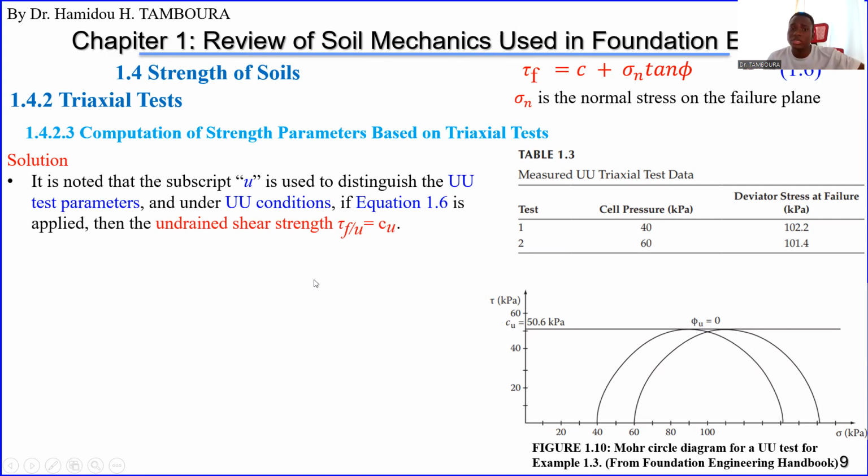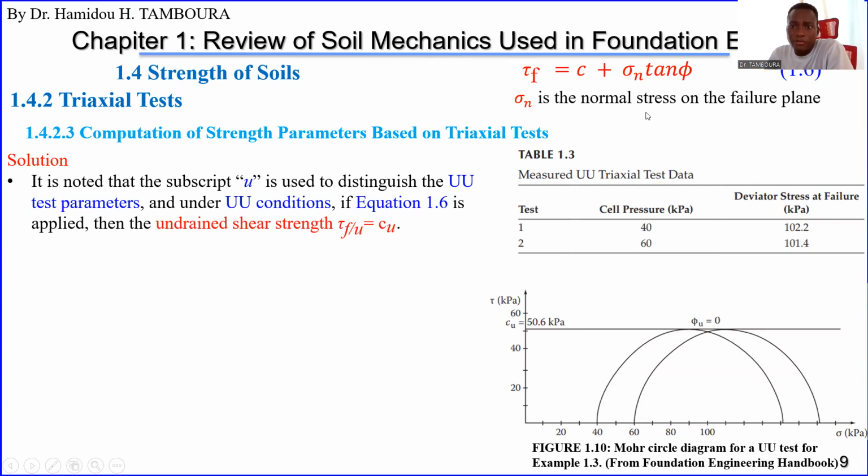So if you see cu or phi u, it means these are the parameters from the UU test. That's why we use the u to distinguish. So, under UU condition.